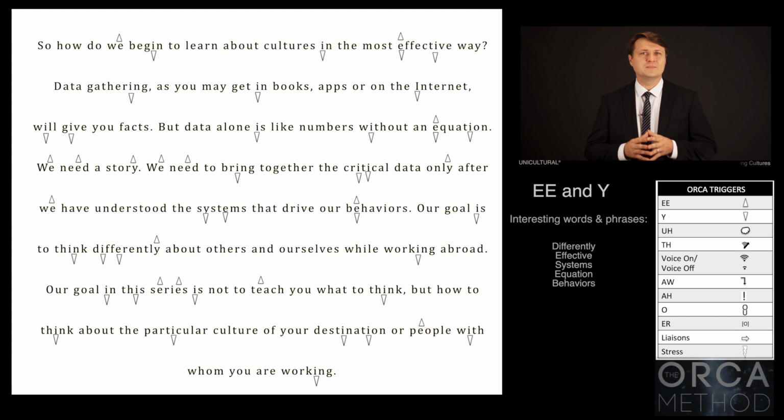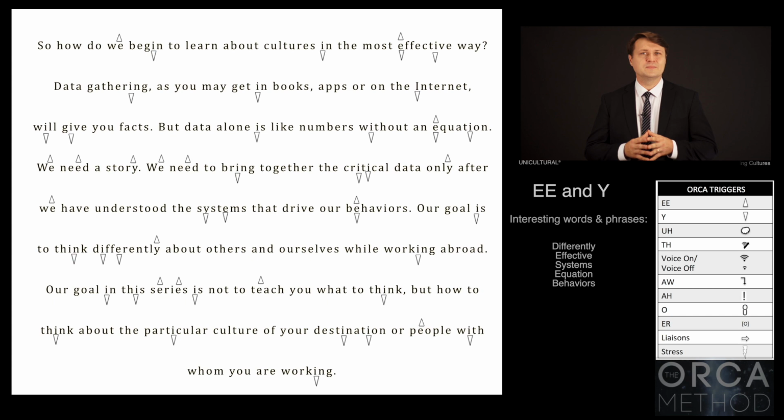So how do we begin? So E, I. We begin. So there's 2 I. Begin. Try that. Begin. Instead of begin, nobody says begin. Begin. I. So E begin. E begin.